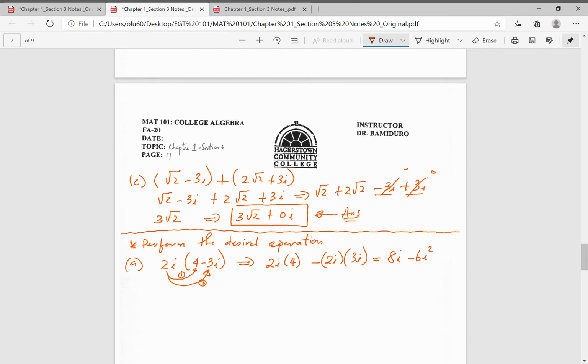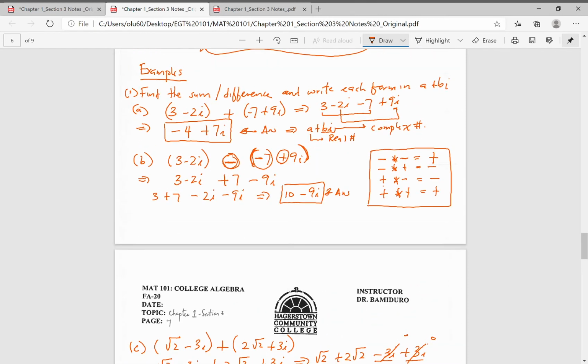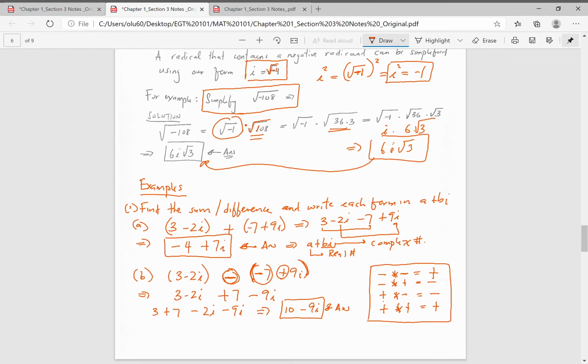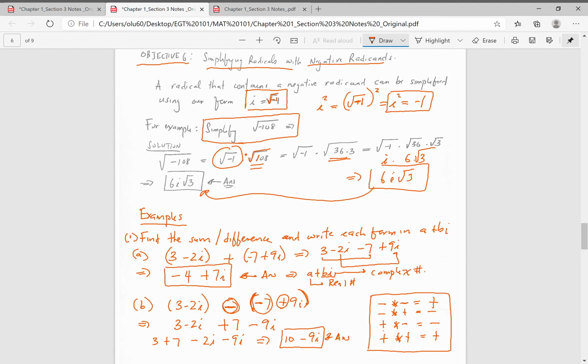From our expression here, we know that i squared happens to be negative 1.